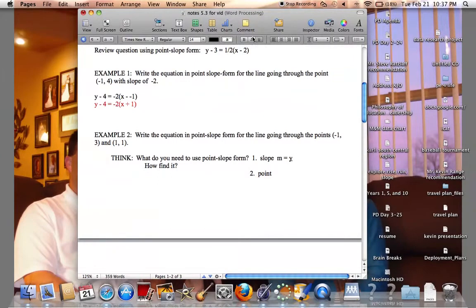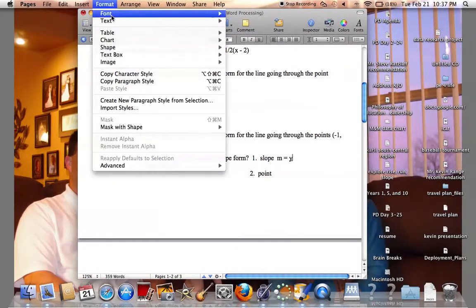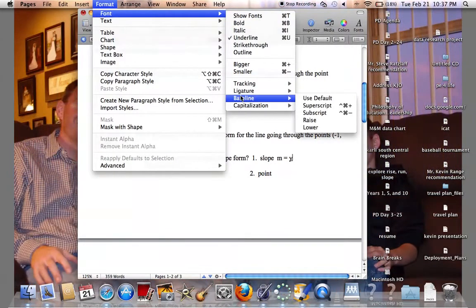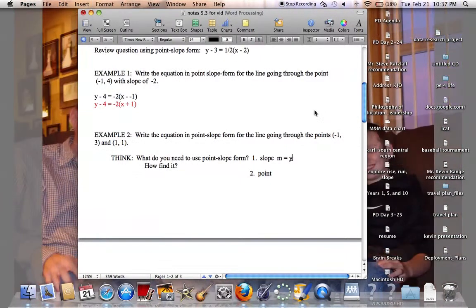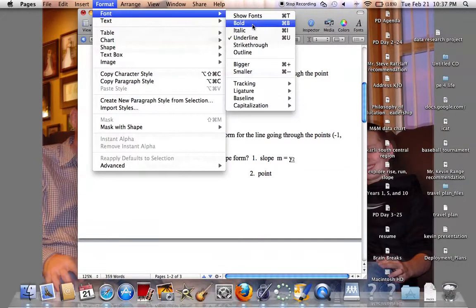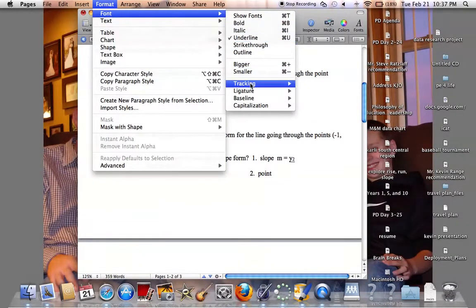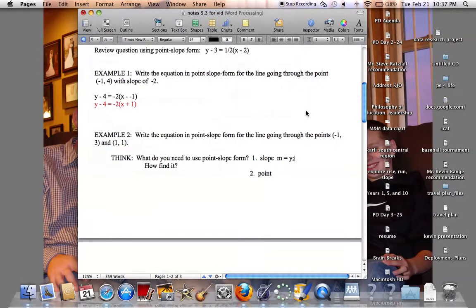taking y, and this is going to be a little bit tedious because I have to get to my subscripts. So I take y2, which is the second y, or one of the y numbers, and I subtract the other y number.